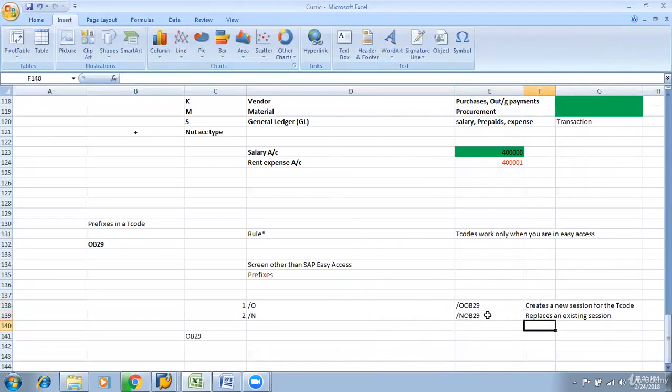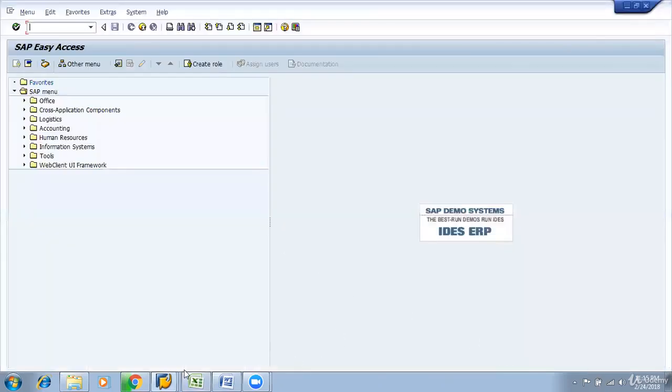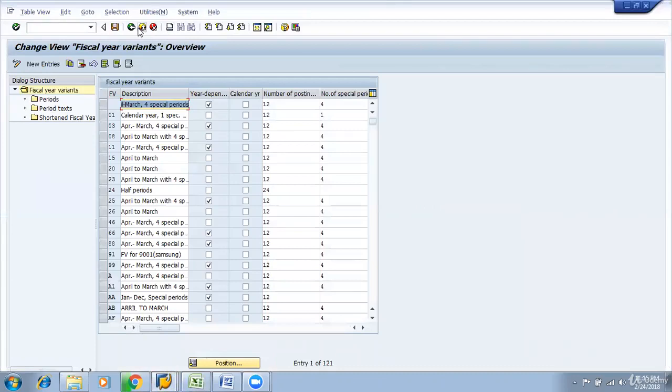Understood? Let's try it now practically. Let's try OB29 first with /o. So right now I see that I'm on some screen. When I try OB29 without a prefix, of course it should not work.